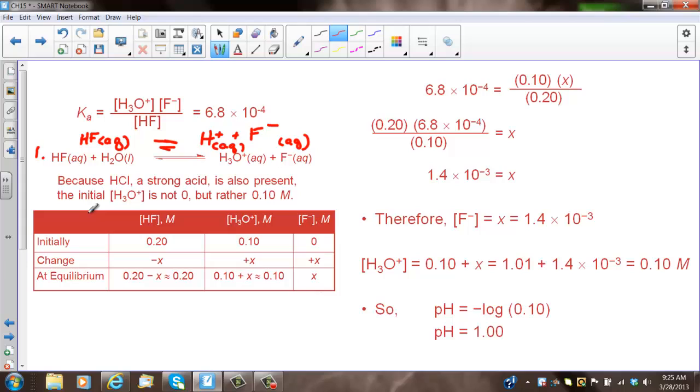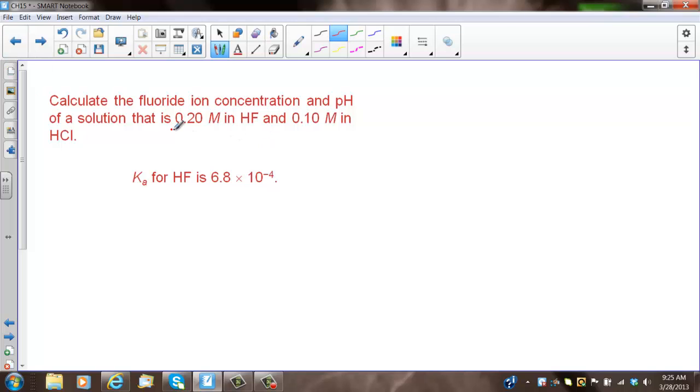Let's look at what's going on. Initially, they told me that I have 0.2 molar HF and I have 0.1 molar HCl. If you go back and you look at this, you were given 0.2 HF and 0.1 molar HCl.